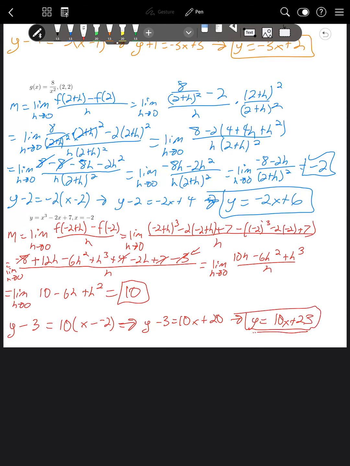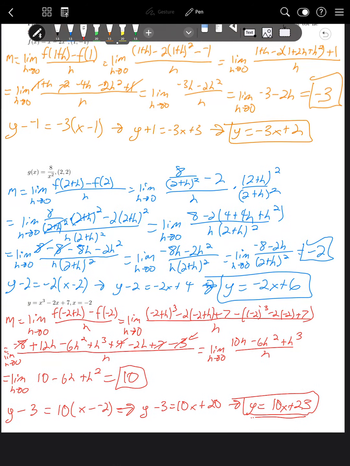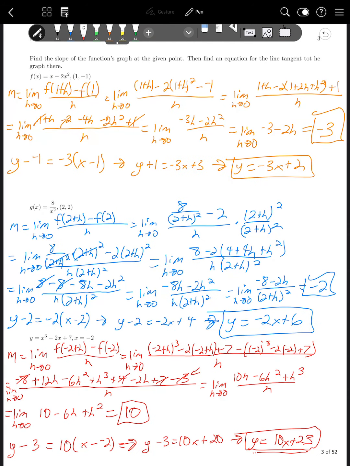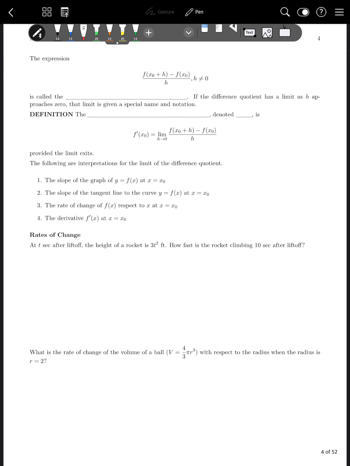Okay. So now on this page, and the page before, we've been treating this difference quotient limit as the slope of the curve. But it actually has several other names, and that's what we're going to look at to start out the next page. So the expression as given is called the difference quotient. If the difference quotient has a limit as h approaches 0, the limit is given a special name and notation.